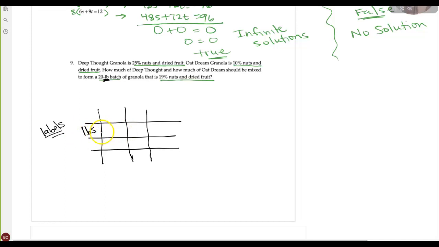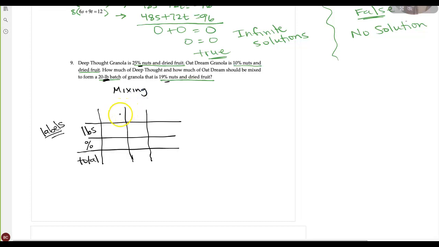And then I'm going to have percent as the other one, because I can see that these are both dealing with percent. And on this line, that's changing from a percent to a decimal. And then this last is the total. Along the top, I'm thinking, what are the two things that I'm mixing together?